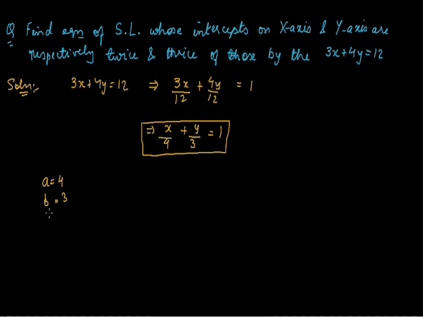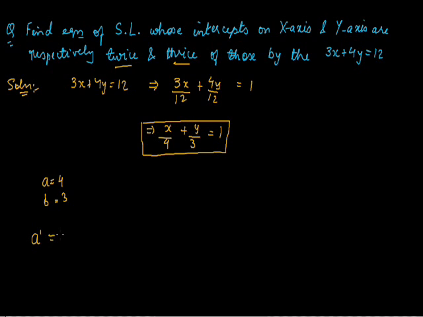Now, the required line has x-intercept twice and y-intercept thrice of the given line. For the given line, we are provided x-intercept as 4 and y-intercept as 3. So for the required line, let's say a' is the x-intercept which the required line forms with the positive direction of x-axis.